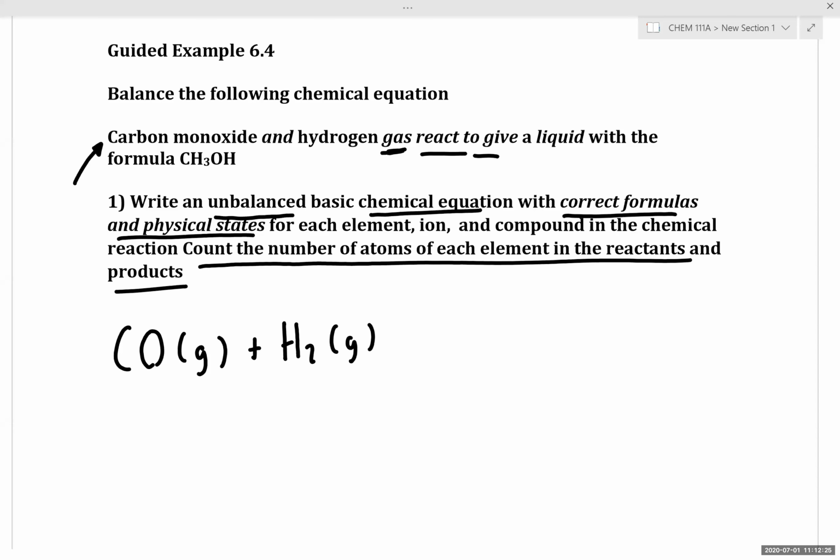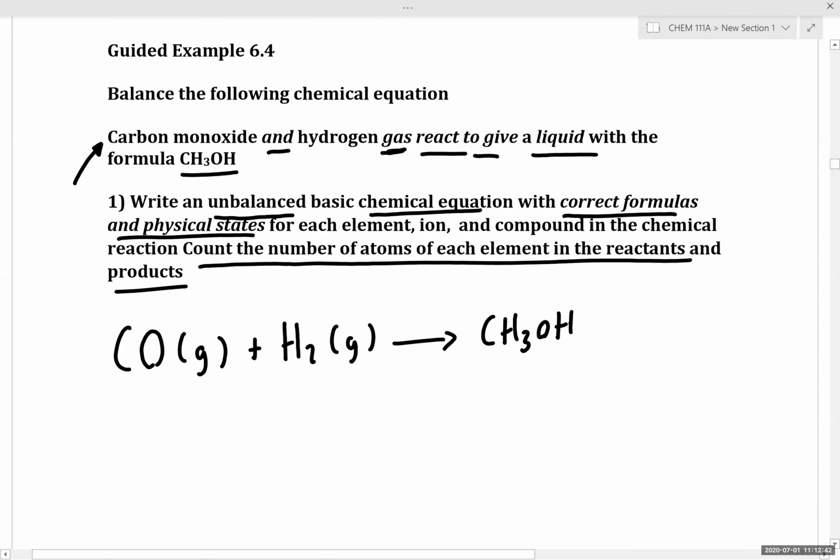An arrow, yep. Okay. This and tells us I need to write a plus. And we in turn generate a liquid with the formula CH3OH. So I write my formula CH3OH, otherwise known as methanol, and I put a liquid symbol.